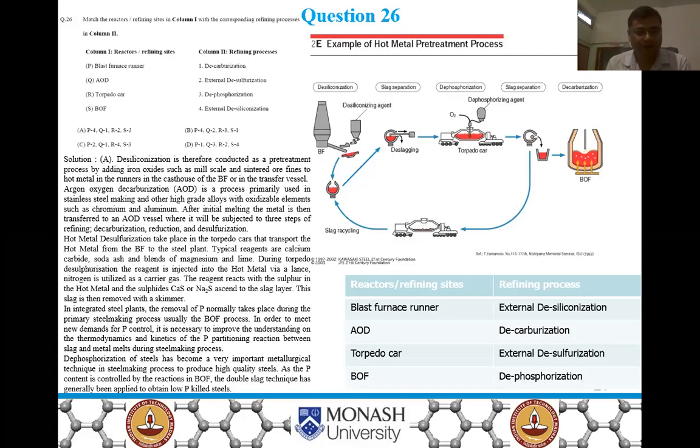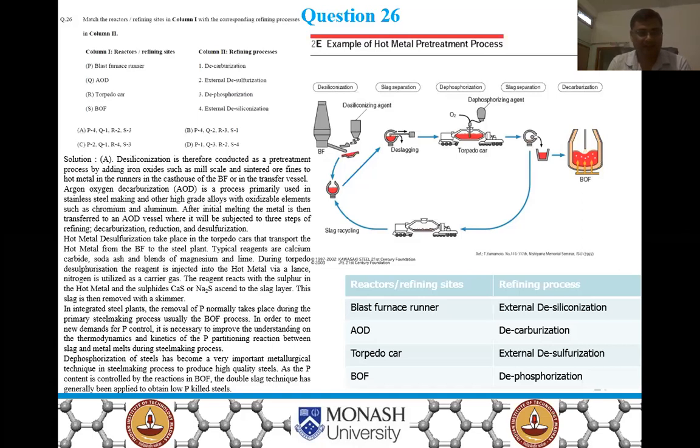AOD, argon oxygen decarburization, is a process primarily used in stainless steel making and other high-grade alloys with oxidizing elements such as chromium and aluminum. After initial melting the metal is then transferred to an AOD vessel, where it will be subjected to three steps of refining: decarburization, reduction, and desulfurization.